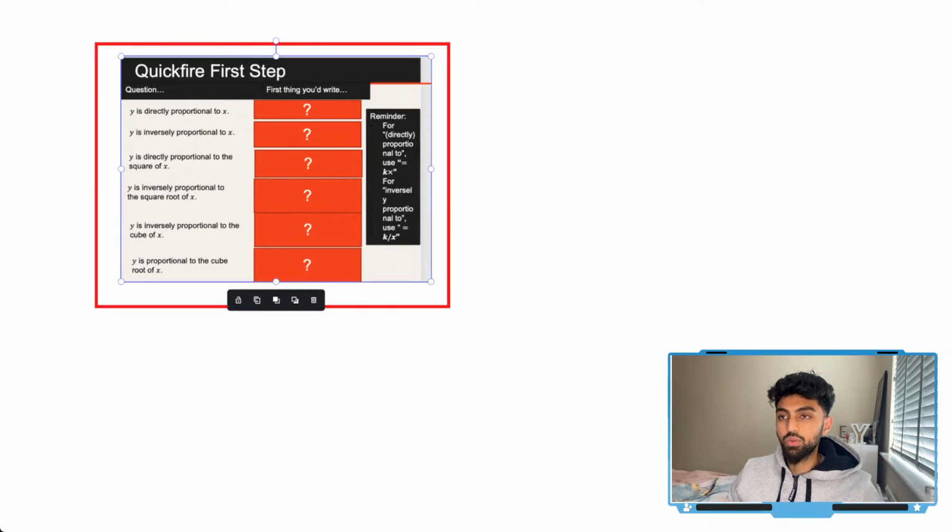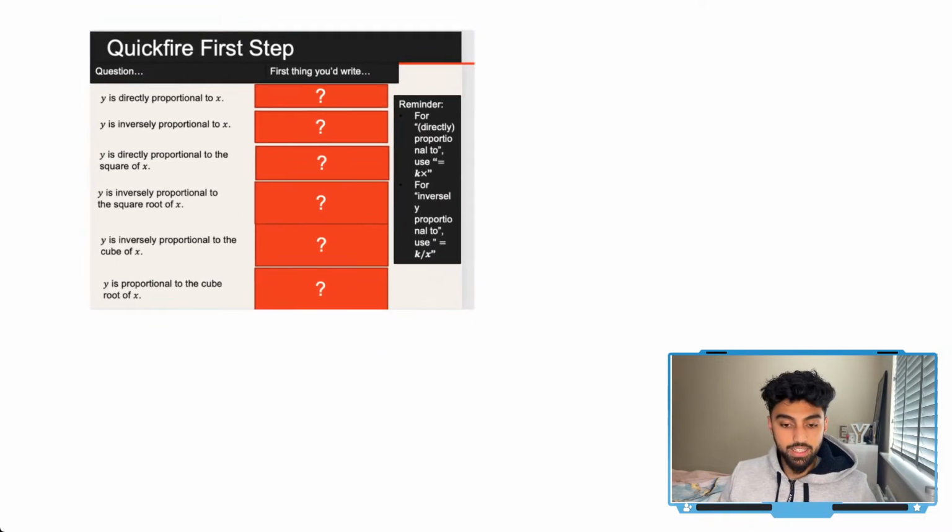Okay. So all you need to do, guys, we're not doing any numerical calculations. We are just figuring out what the first thing we would write is if we read the following statements. So if the statement in the question is y is directly proportional to x, what is the equation you would write?